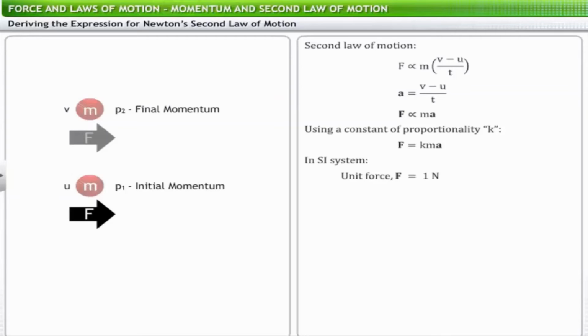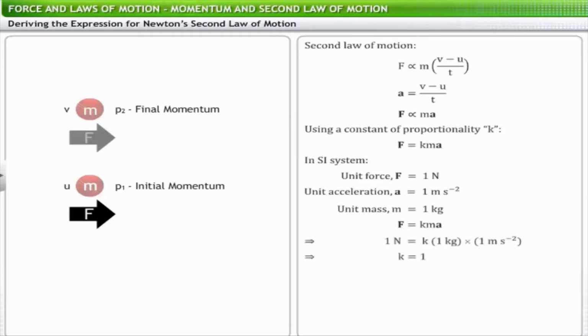Unit force is defined as the force that produces unit acceleration, that is, 1 meter per second square, when applied on a body of unit mass 1 kilogram. Thus, substituting the values in the expression F is equal to kma, and simplifying, we get the value of k as 1. Hence, we get the mathematical expression of the second law of motion as F is equal to ma.